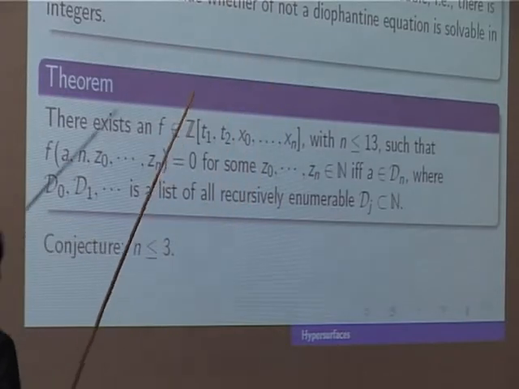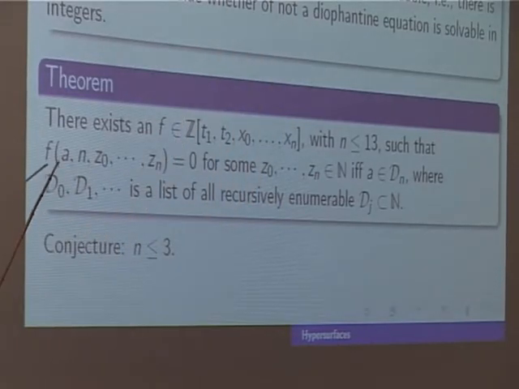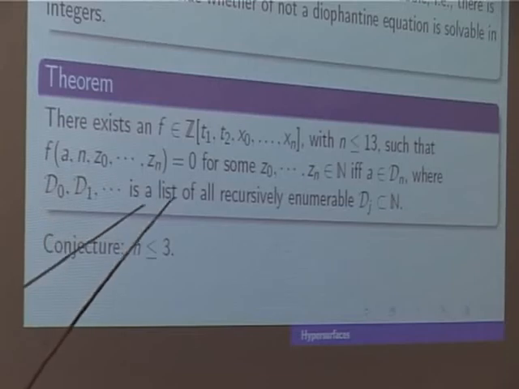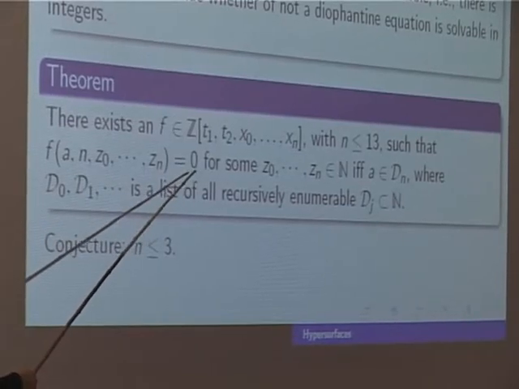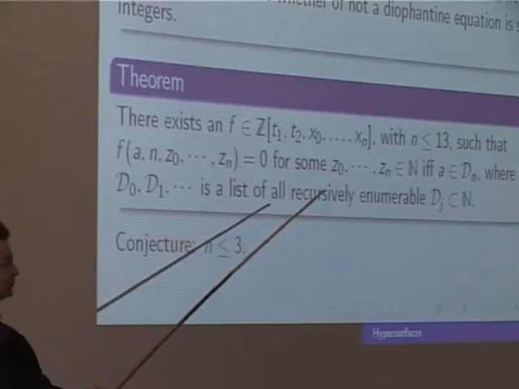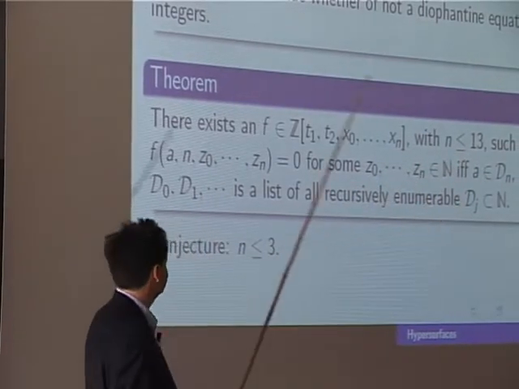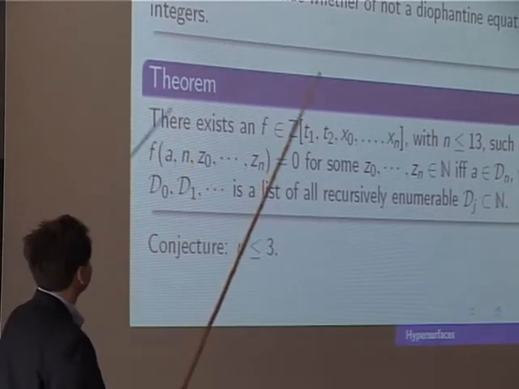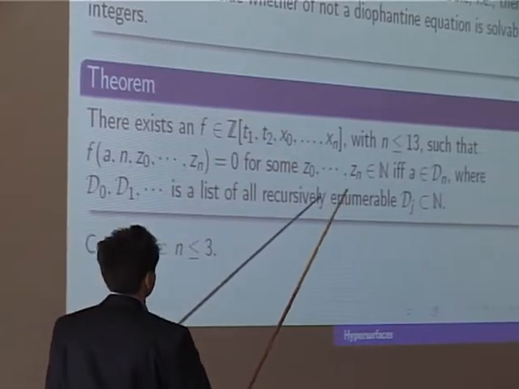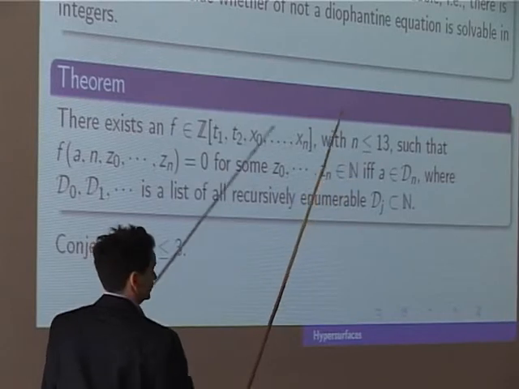In fact, it turns out that this question is equivalent to the solvability of a very concrete equation with very few variables, actually. In the paper by Matiyasevich and Robinson, one can work with 13 variables.